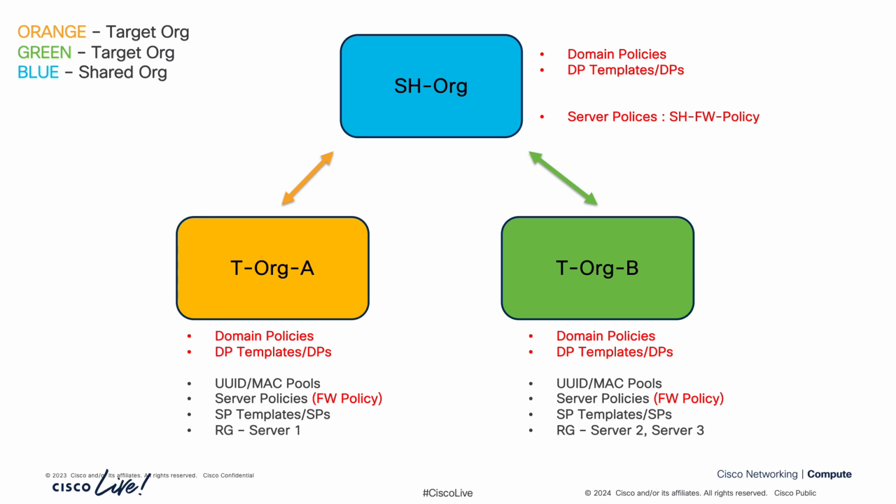In this next slide, we've introduced a third org, and we've indeed shared it. That is the blue org, and we've shared that down with our two target orgs, org A and org B. So now we can start using cloning, and we can clone our domain policies if we wish from the target orgs up to the shared org.